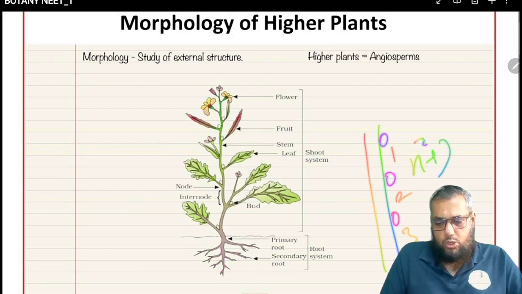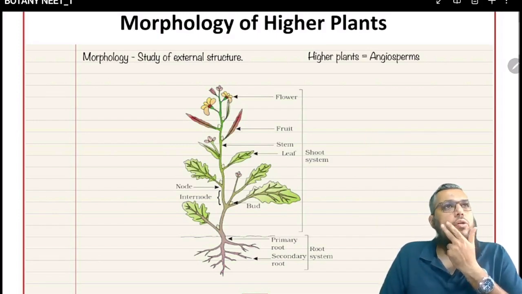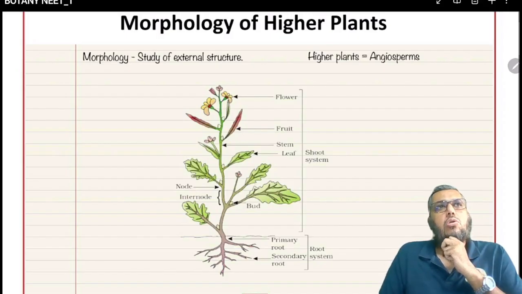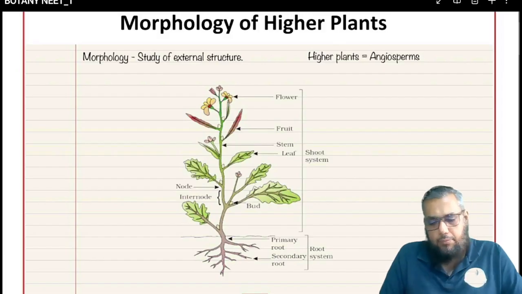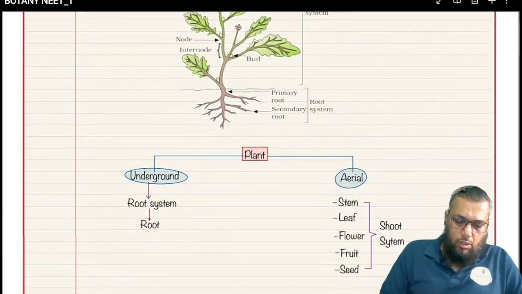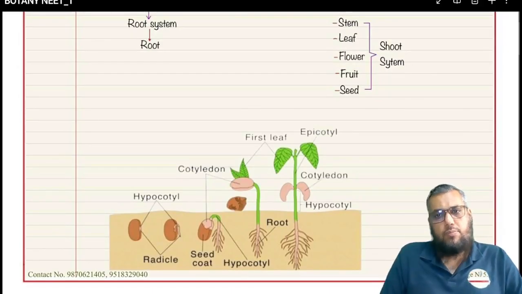It will be n minus 1. So the internodes will always be 1 less than the number of nodes. So that would be the typical classification of a root system and a shoot system.